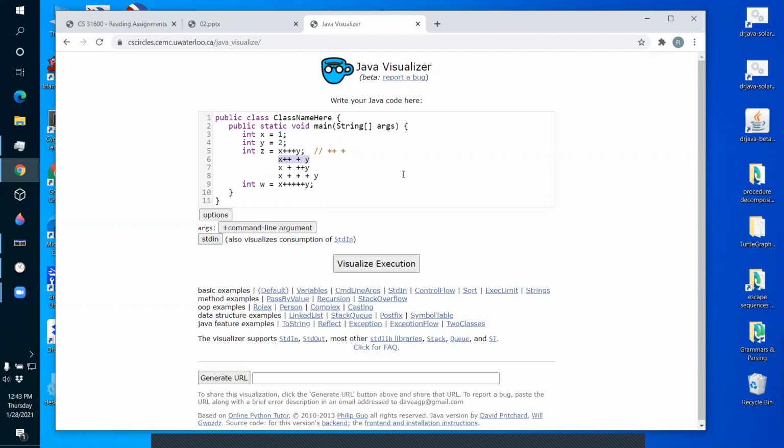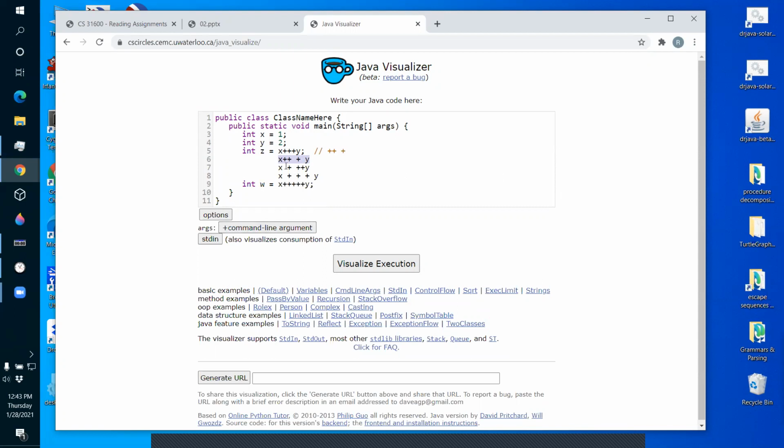Update X. Update it how? You increase it by 1. Yeah, you increment X by 1. Now notice that's done after you add X to Y. So you take the value of X and you add it to Y, and then you increment it.